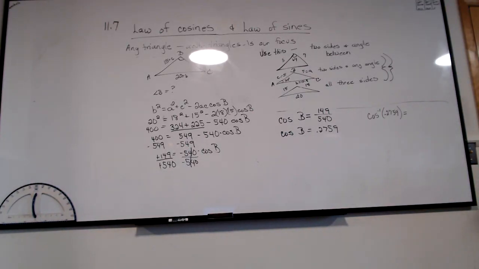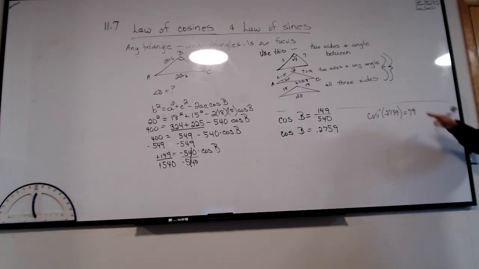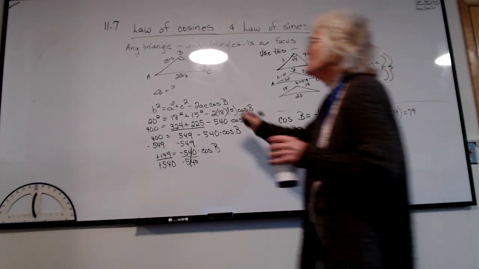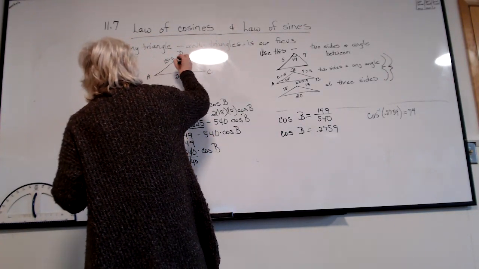What is that degree? 73.984. I'm going to round to the nearest degree, so I'm going to call it 74. So we just found B, which is 74 degrees.